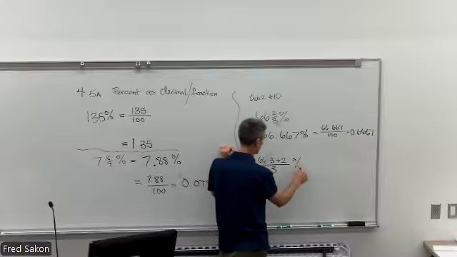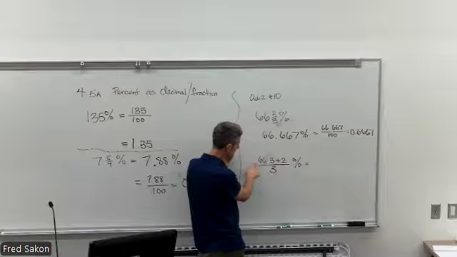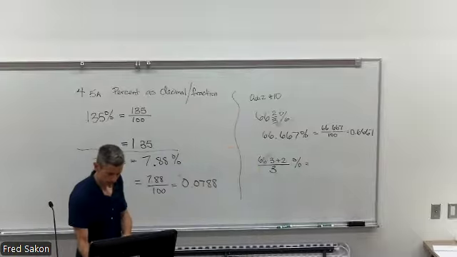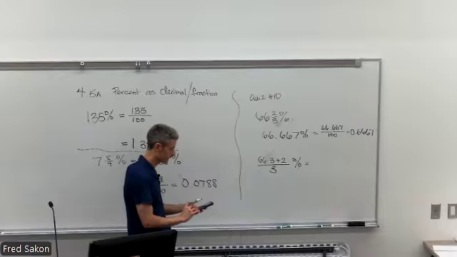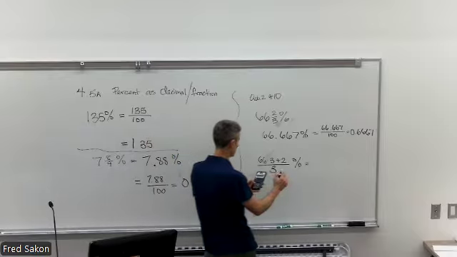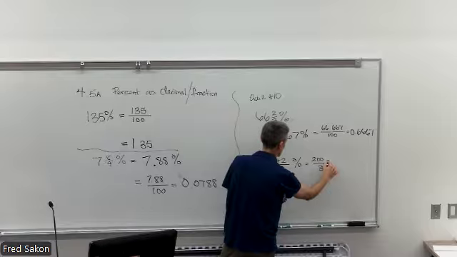And that's the percent. This is 66 times 3. Do that part in the calculator. 66 times 3 plus 2 is 200 over 3%.